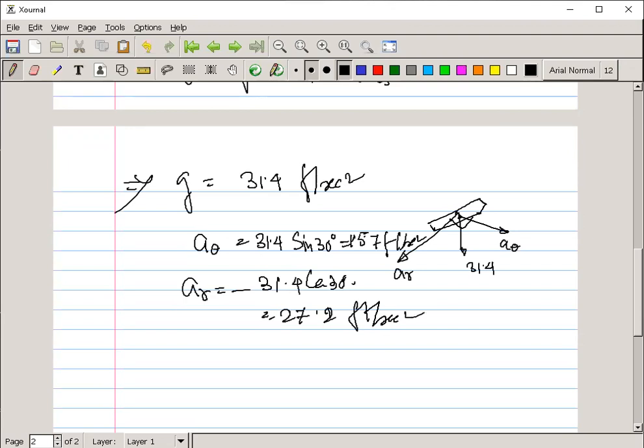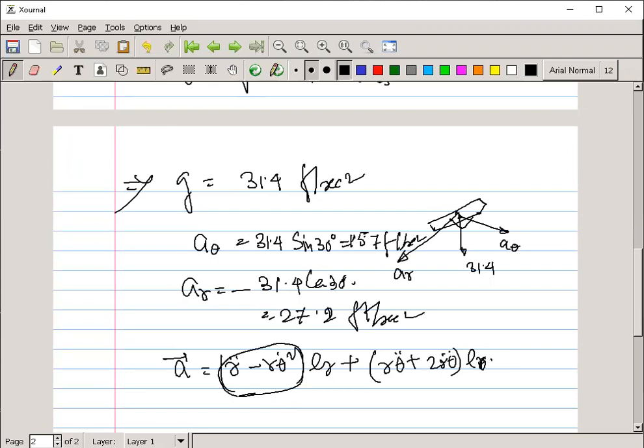Okay, so as per the radial and transverse components, I have told you that acceleration has two components. I think you remember this one, that acceleration is equal to r double dot minus r theta dot square er plus r theta double dot plus 2 r dot theta dot e theta.